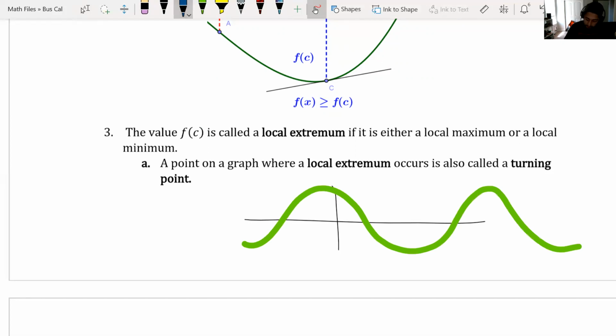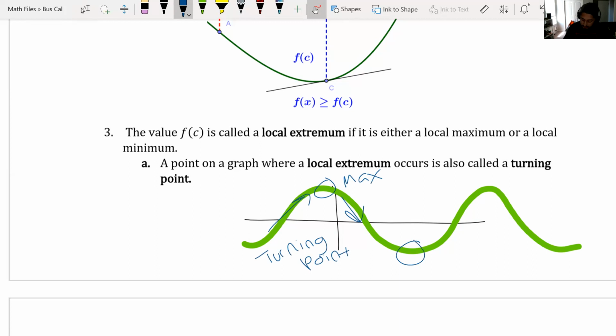Well, this would be a maximum and would also be a turning point because the graph goes from rising to falling. That's why it would be a turning point. Same thing here.